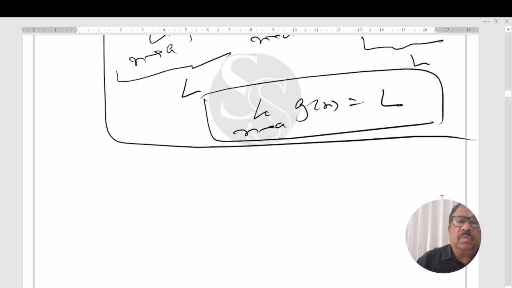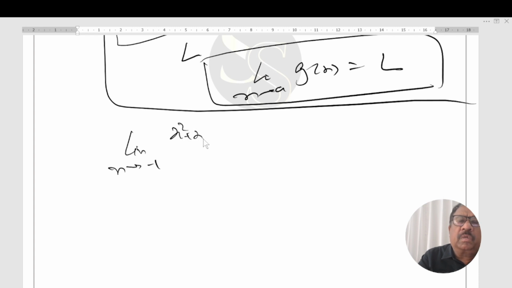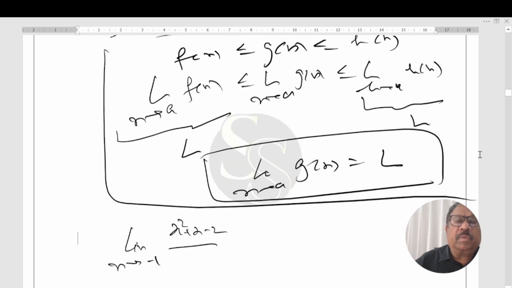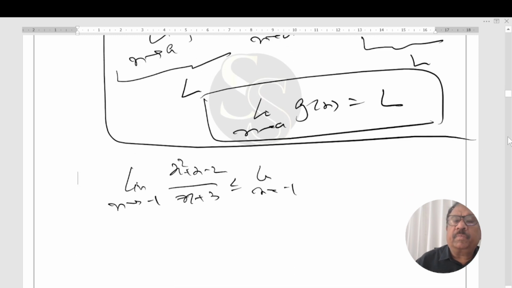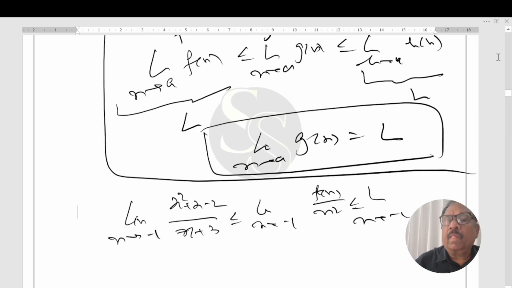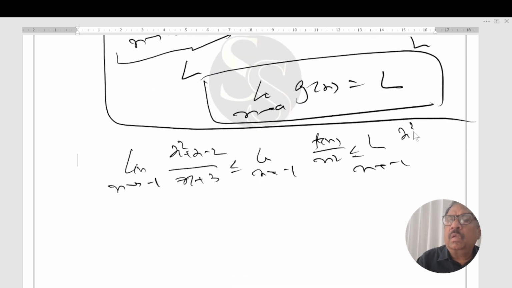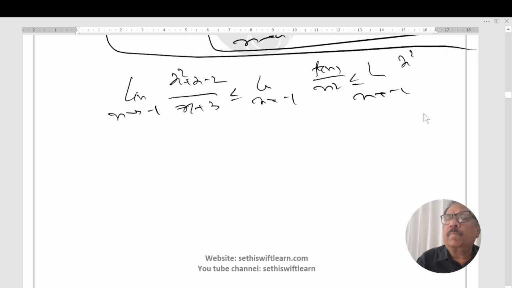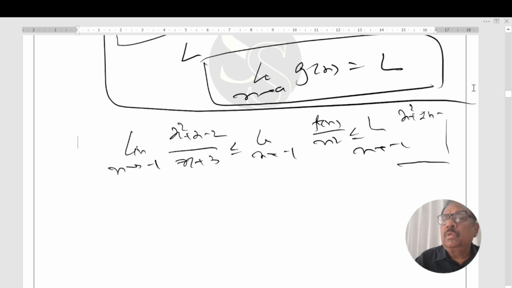Limit x tends to minus 1, (x square plus x minus 2) upon (x plus 3), limit x tends to minus 1, f(x) upon x square, limit x tends to minus 1, this comes out to be (x square plus 2x minus 1) upon (x plus 3).